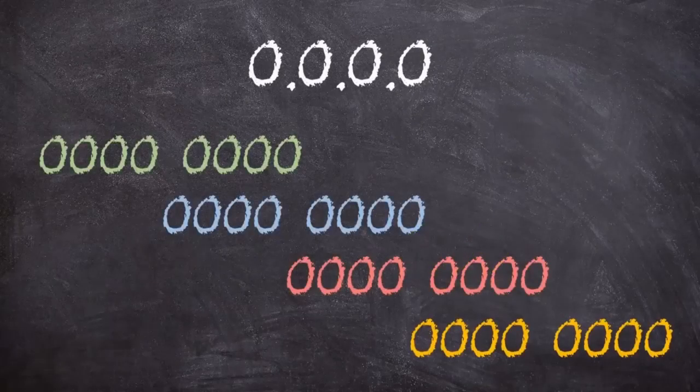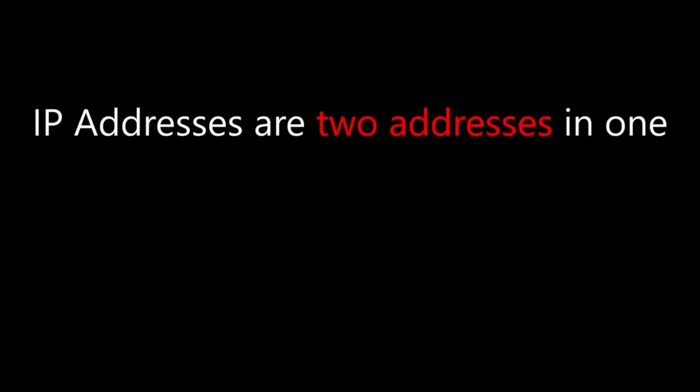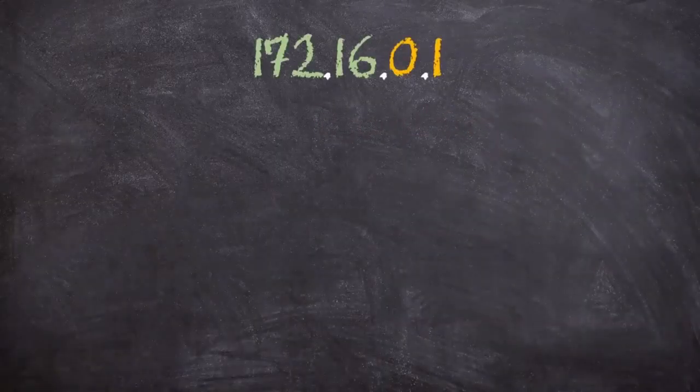That means that an IP address starts at 0.0.0.0 and ends at 255.255.255.255. IP addresses are actually 2 addresses in one. The IP address is the address of the device, but it is also the address of the network the device is in. 2 addresses in one, how is this possible? Let's take a look at the sample IP address here: 172.16.0.1.